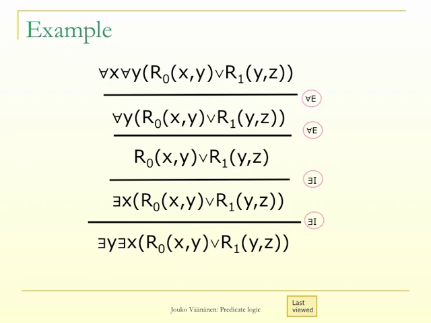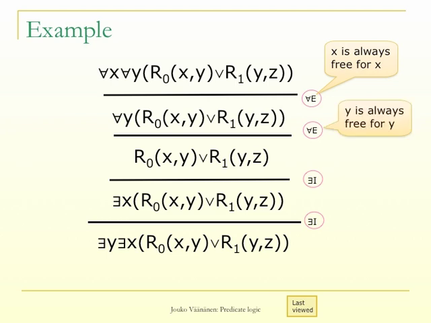But we have to make sure that certain criteria are met. When we eliminated the universal quantifier ∀x, we substituted x for x. It's like not substituting at all. x is always free for x, so that was fine. Also the next universal quantifier elimination was fine because we substituted y for y, which is like no substitution at all. y is always free for y.